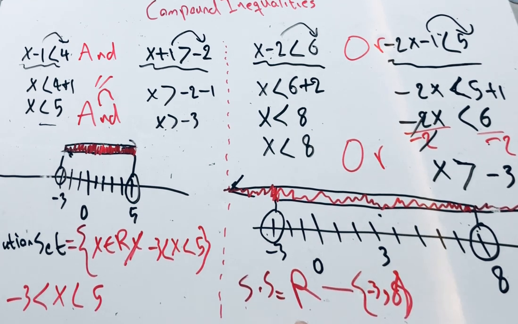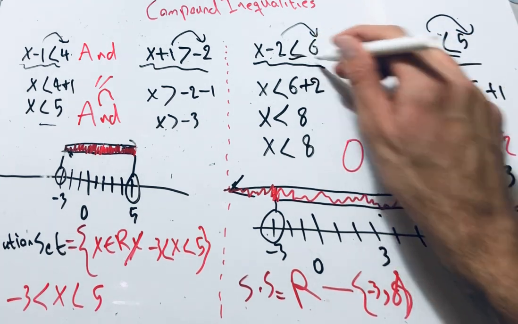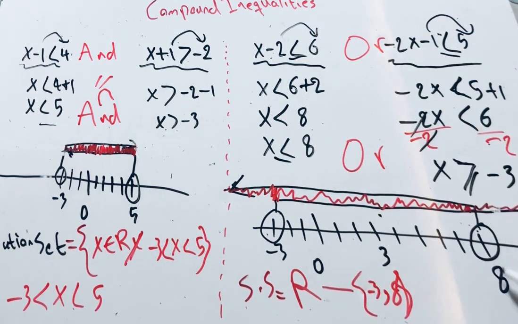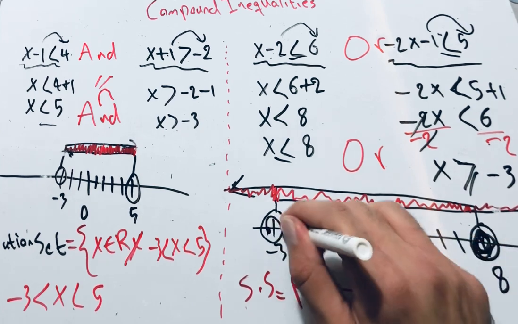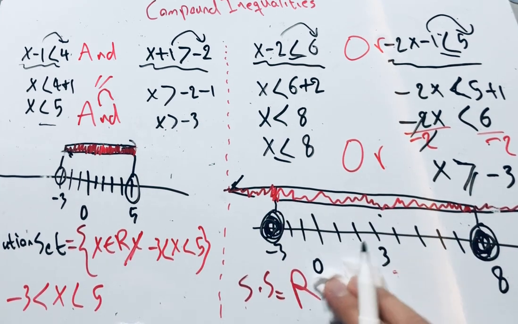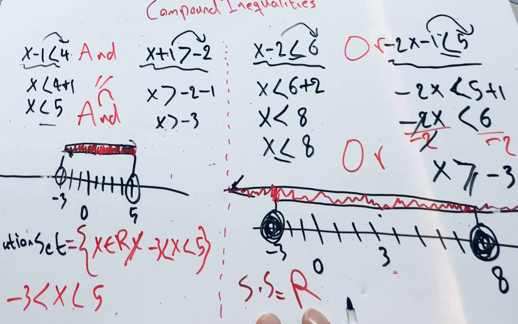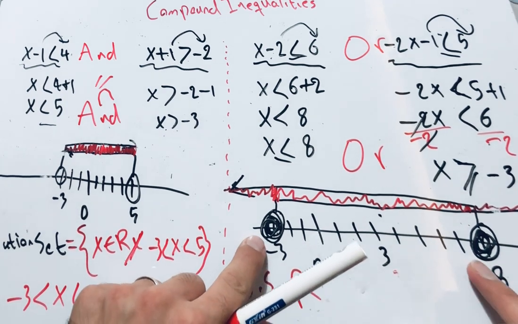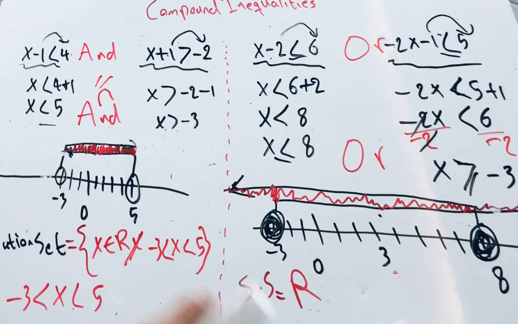This is the solution. Although if the example was like this, and you fill the circles, then you could just say the solution set is all the real numbers, because all the numbers are covered.